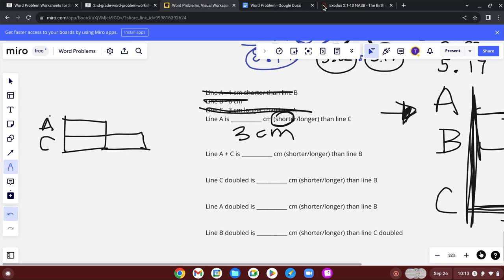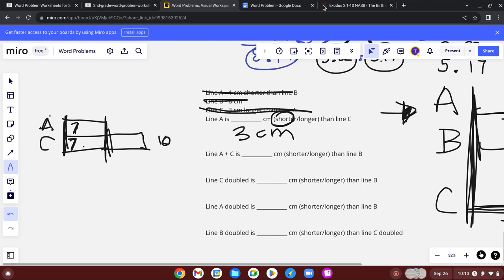So line A is how long again? 7 centimeters. So we know right here 7. So in this box right here, 7. At this point, A and C are the same. Okay? Now C we know is how much total? 10.